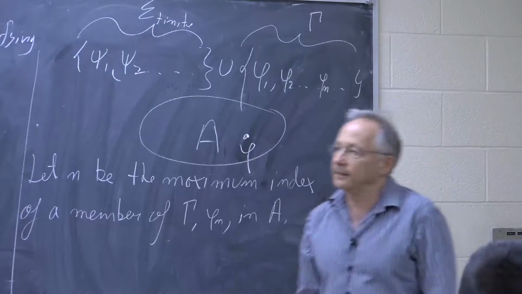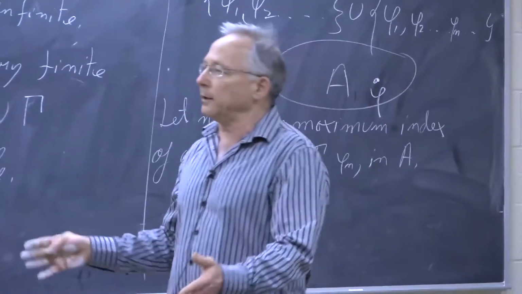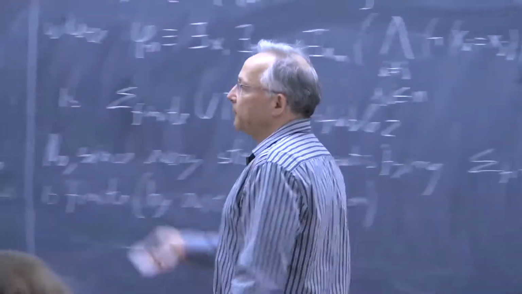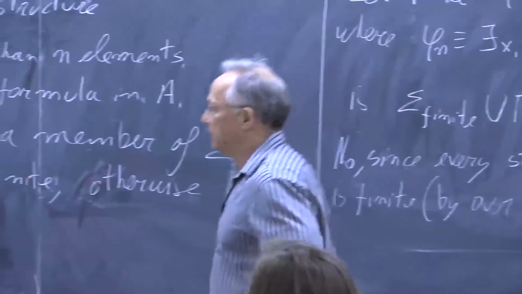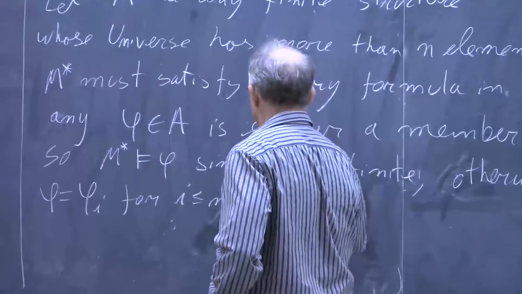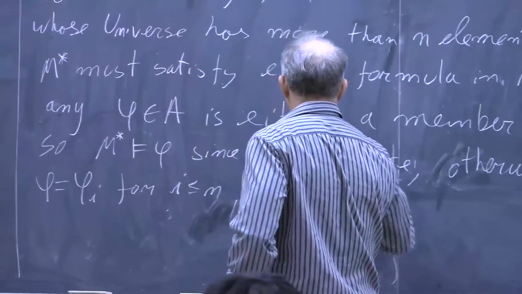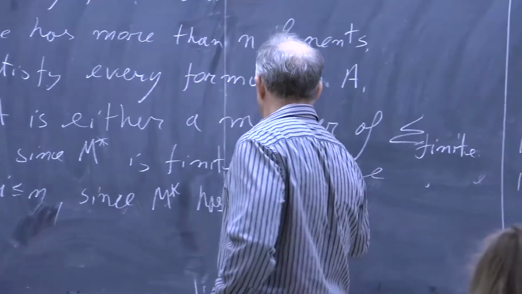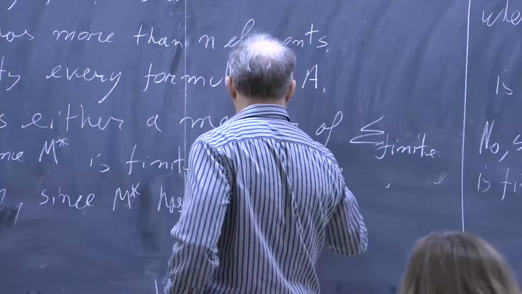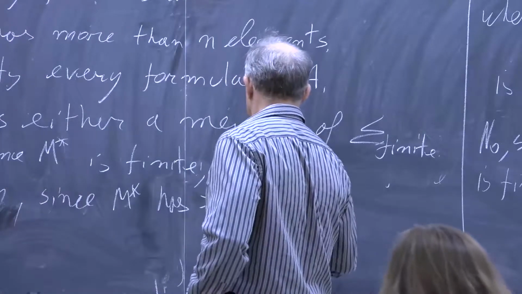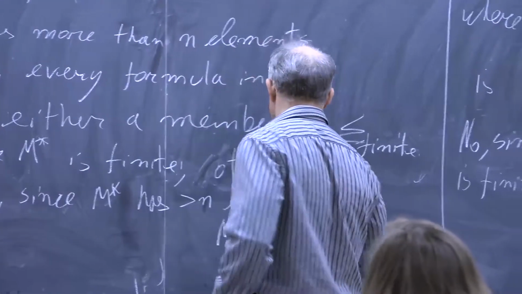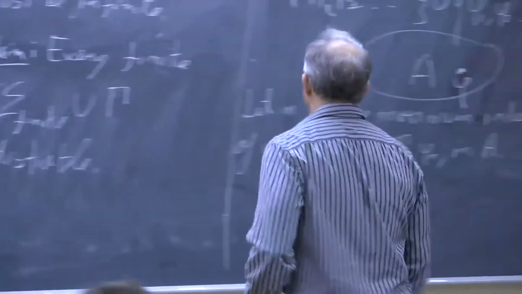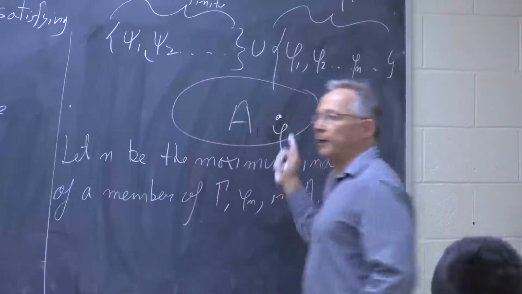So what does phi say? Phi says there are at least I many elements. But I picked a structure that has more elements. Since M star has more than n elements, M star satisfies this phi I. So we showed that the M star that I picked satisfies every formula in A.